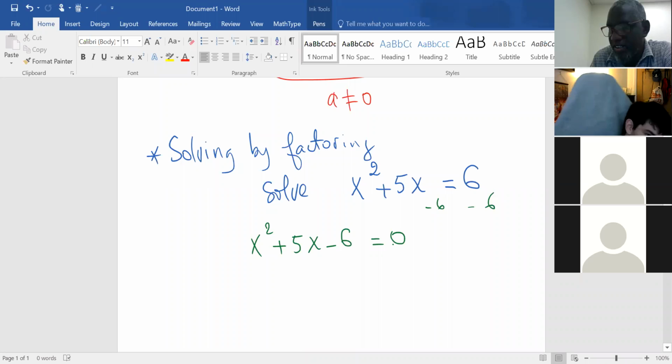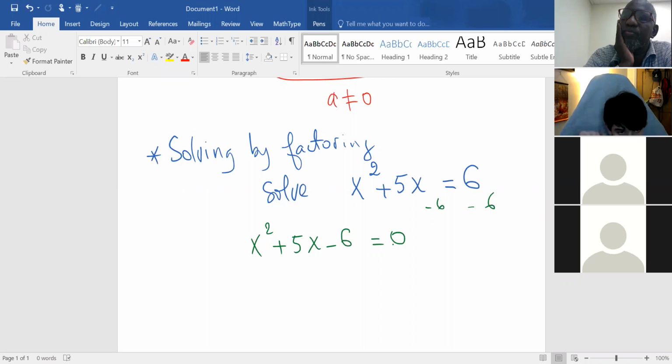Everybody in this class, do you remember how we used to factor this type of expression? You take two numbers whose sum is the middle one and whose product is the last one. Exactly. Thank you very much, Carl.